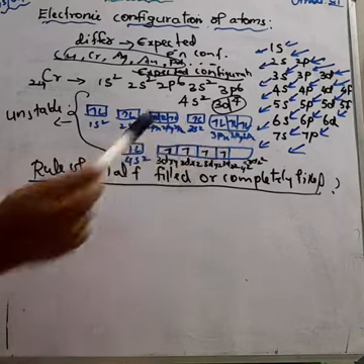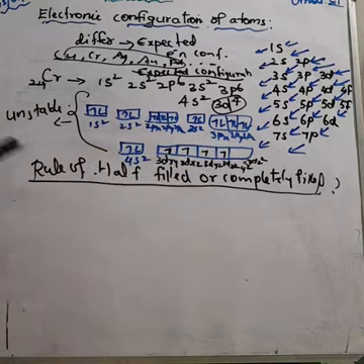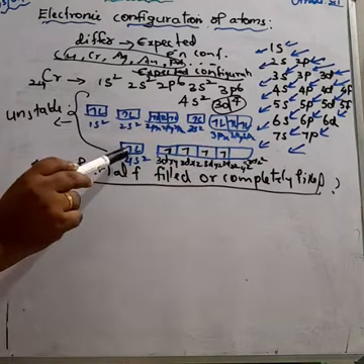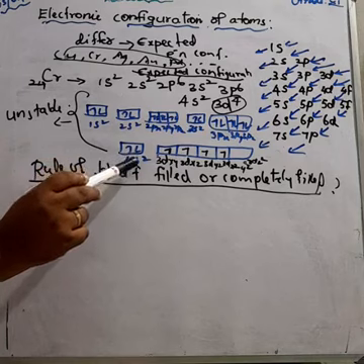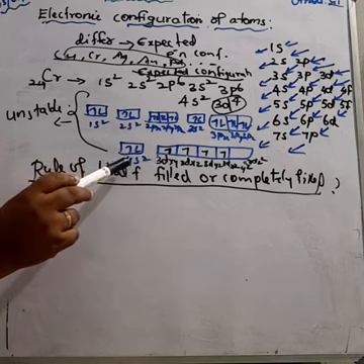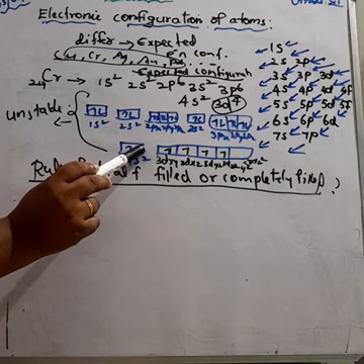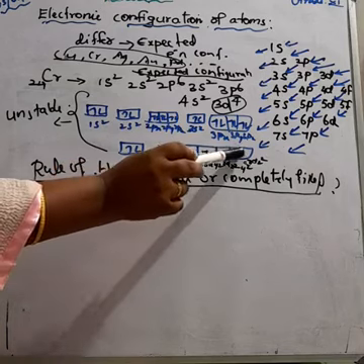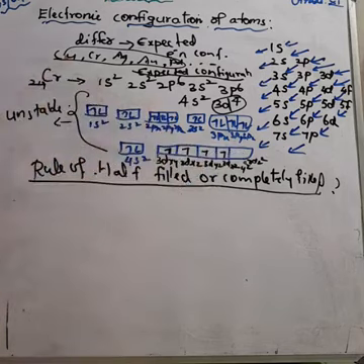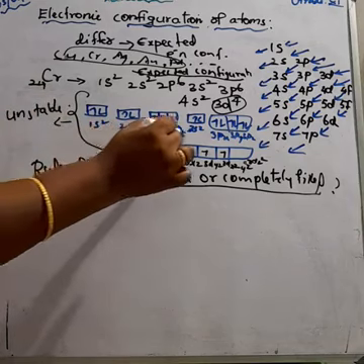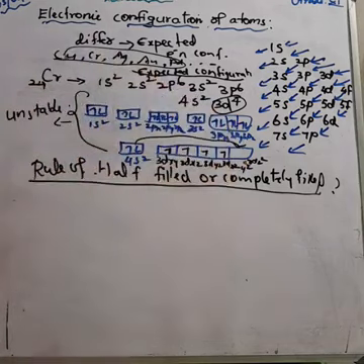It is not stable now. So the d orbital needs 1 electron to get the half-filled configuration. So from the 4s orbital, 1 electron is given to the d orbital.